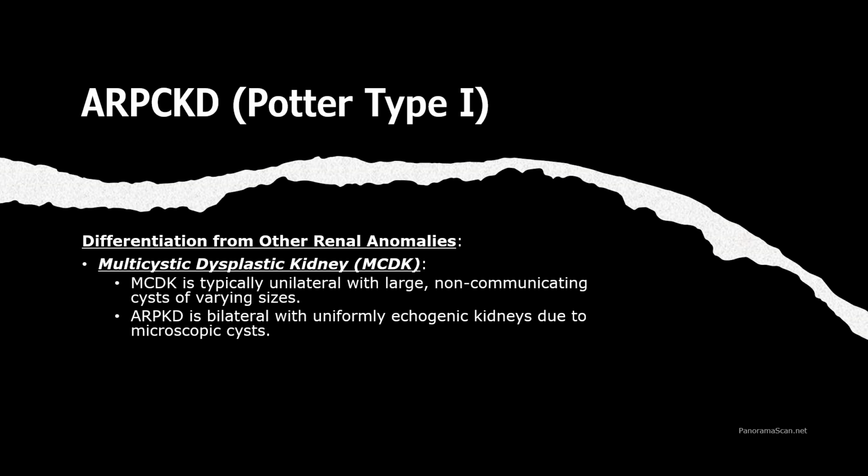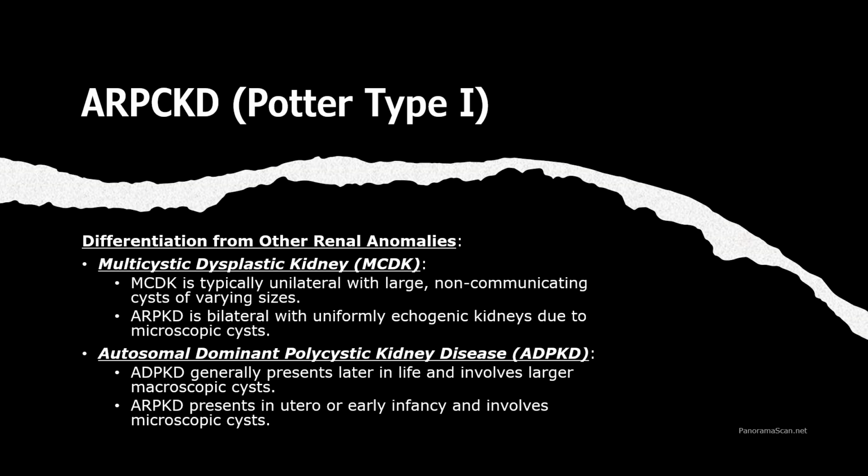Autosomal dominant polycystic kidney disease usually presents much later in life and is characterized by the development of larger macroscopic cysts in the kidneys. This condition doesn't typically show up in utero, as it tends to manifest in adulthood.